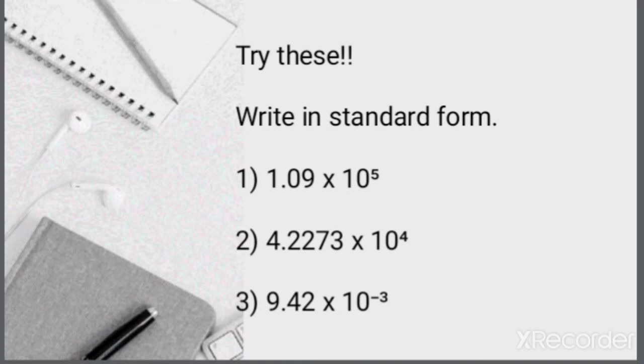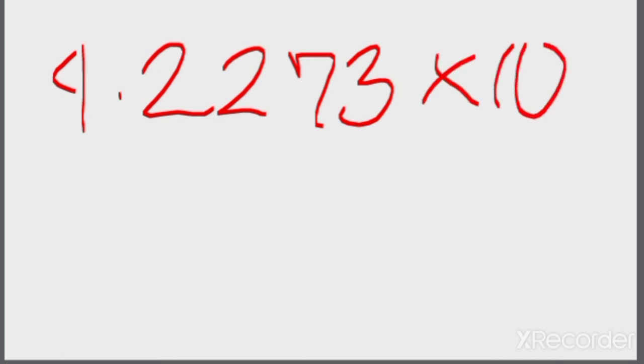Example number 2. For number 2 we have 4.2273 times 10 to the power of 4.